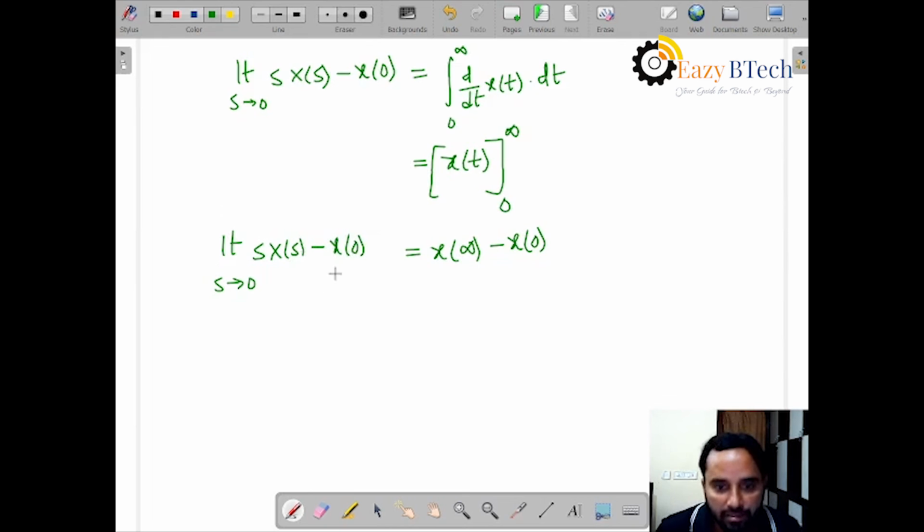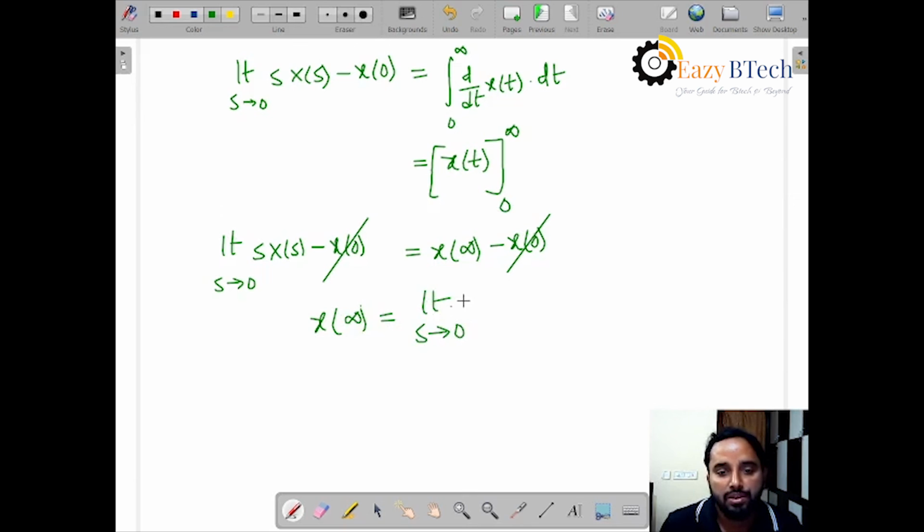On both sides the minus x of 0 cancels. Then we have x of infinity equal to limit s tends to 0 of s into X of s. This is the final value theorem, or final value of the signal.